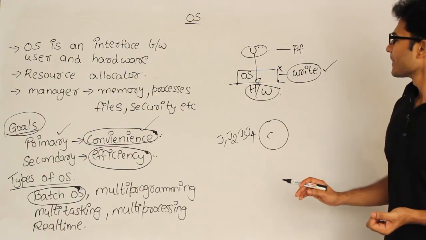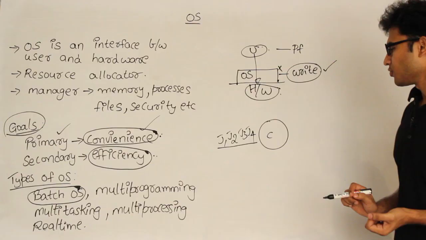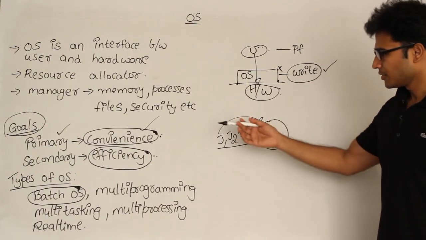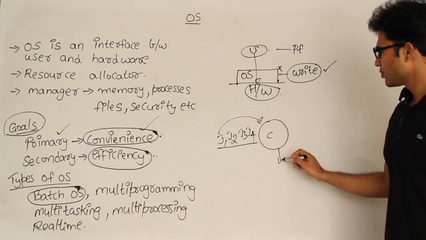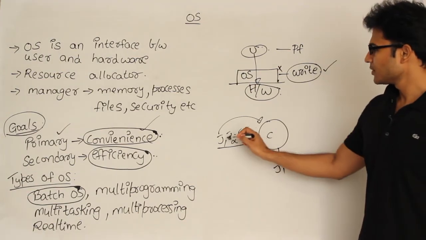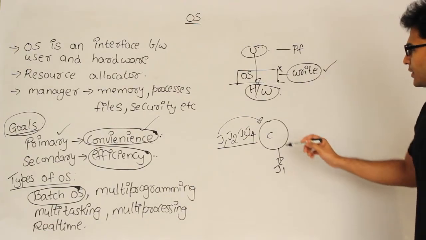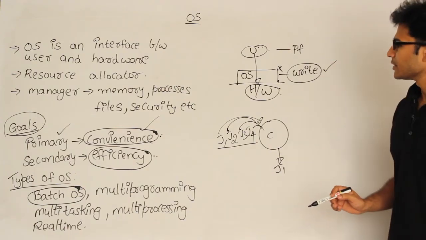For example, if people have given J1, J2, J3, J4, then the computer, this batch operating system, will take J1 first, finish it, produce the results and save them at some place. Then the user who gave J1 will come after some time, collect the results and leave, right? Similarly, next J2, next J3, next J4, likewise it will keep doing it.